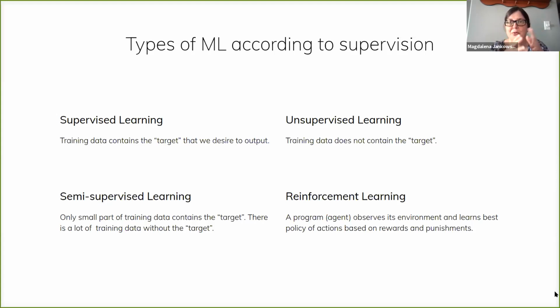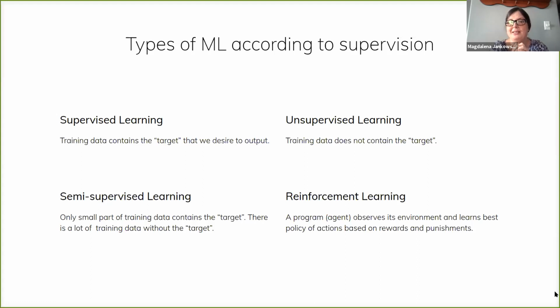Semi-supervised is in between those two: we have some data with the labels, with those examples of answers, but we also have a lot of data that doesn't have it. And the question is, can we use this unlabeled data? And reinforcement learning is a totally different kind of learning, in which our software, which we usually call an agent, learns by observing the environment, making some actions, and obtaining rewards or punishment.